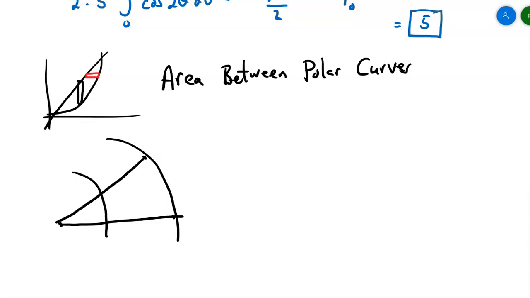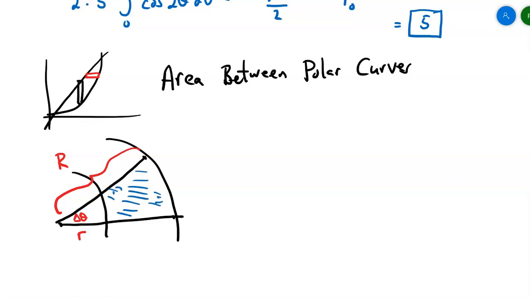Certain radius, except now I'm going to have two different radii. One radius will go from the pole all the way to the points on the outside. I'm going to call that capital R for the big radius. The little radius goes from the center to a point on the first curve, so that's the little radius. If this is still my delta theta in the middle, that's the angle, this is the area that I'm trying to find, this area in here.